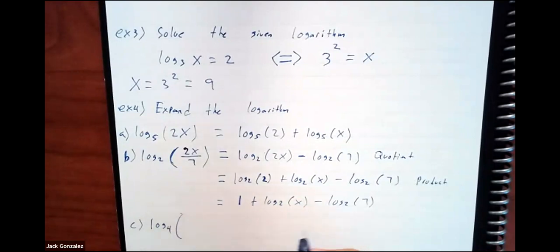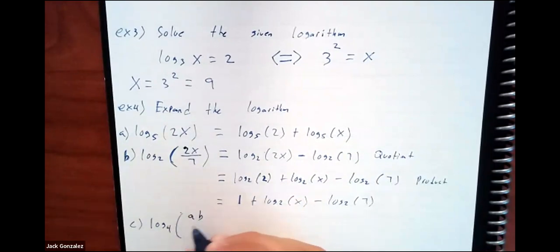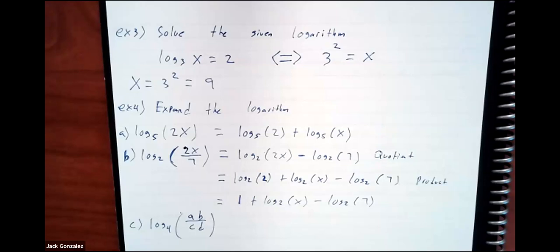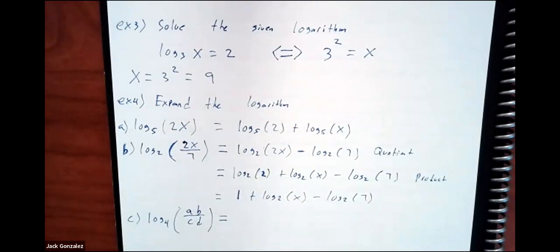Log base 4 of AB over CD. So do a quotient for the top and bottom, and then see what you can do with the products.